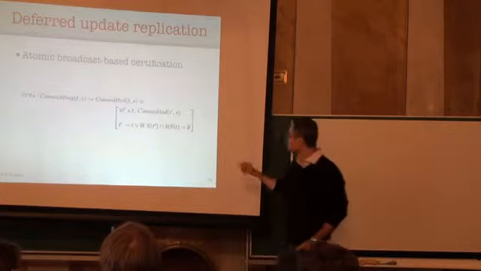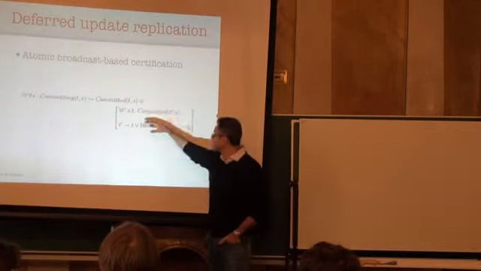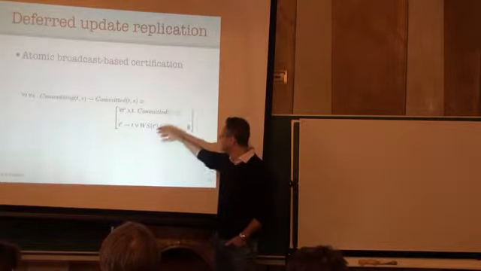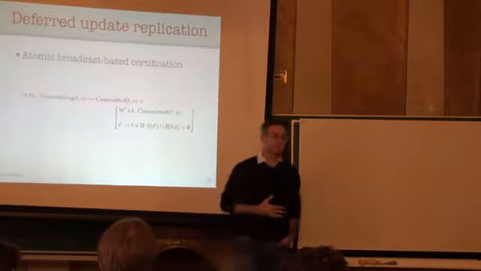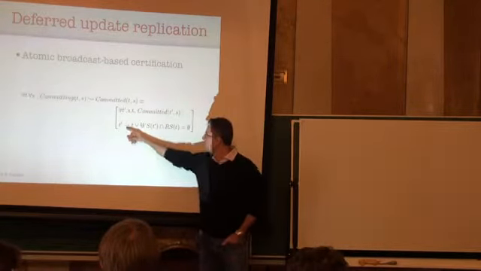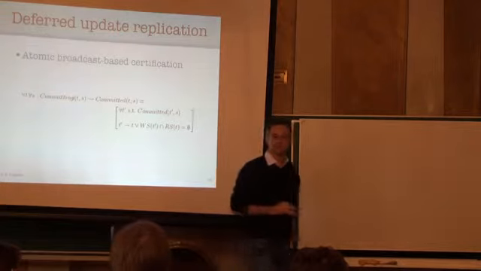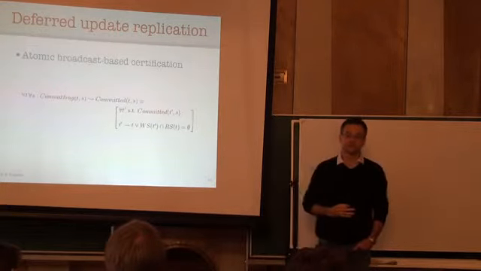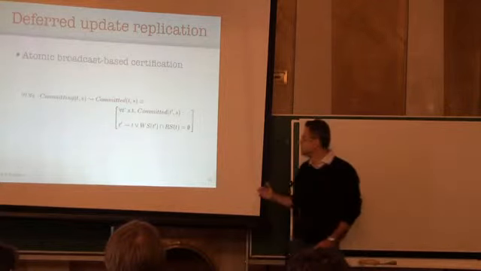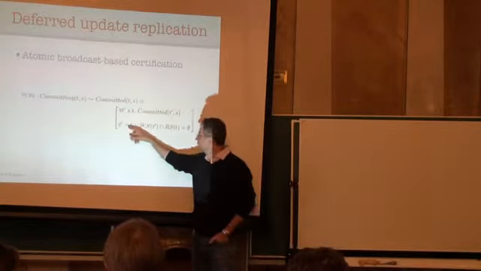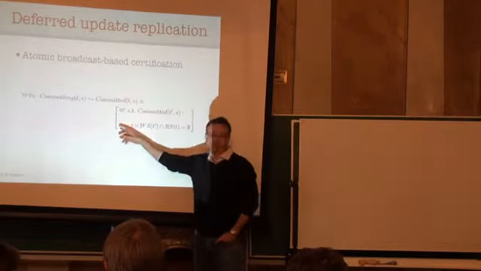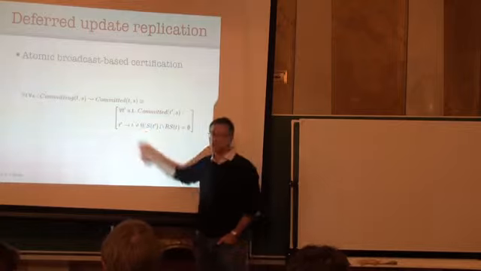For all transactions T prime that have already committed at the server, either T prime precedes T. The notion of precedes means that T prime was committed at the time when T was executed. This basically means that if T reads some state that T prime changed, it's going to see the change because T prime was committed already, had finished by the time that T was executed.